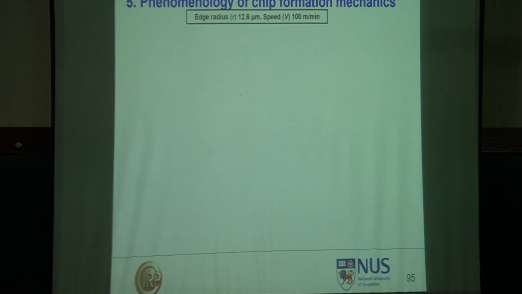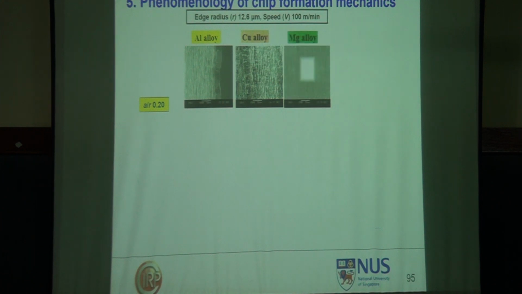Now, we have a particular case of experiment when the edge radius R is 12.6, which is lower than any grain size. All the grain sizes we tested, it is lower than any grain size. Cutting speed was 100 meter per minute. A by R was around 0.2, and we did the experiment for different materials.